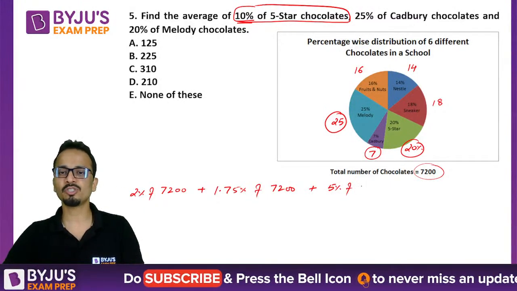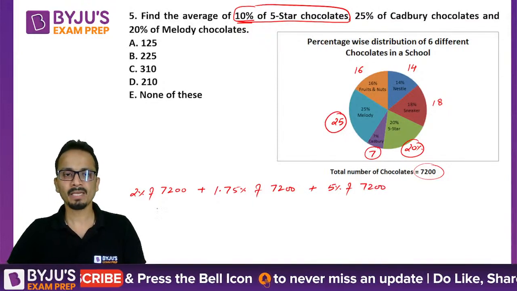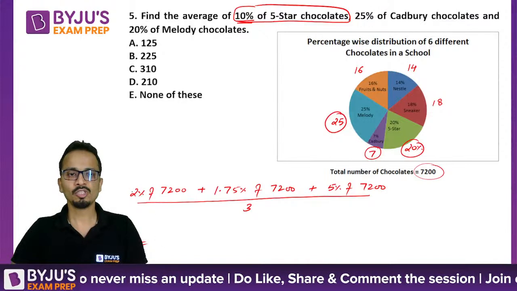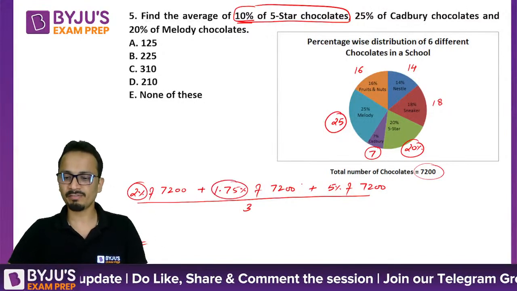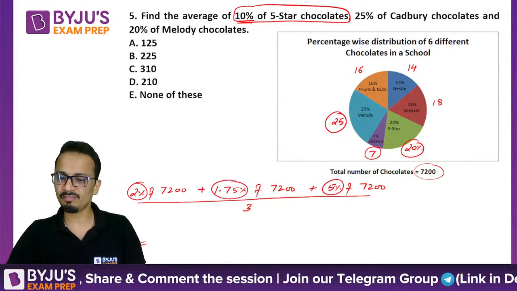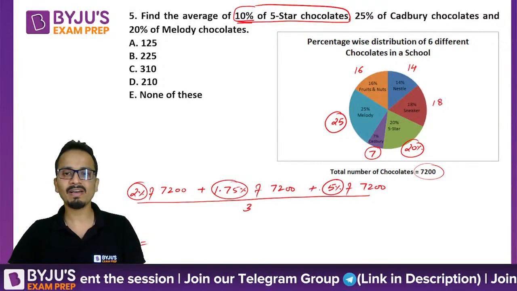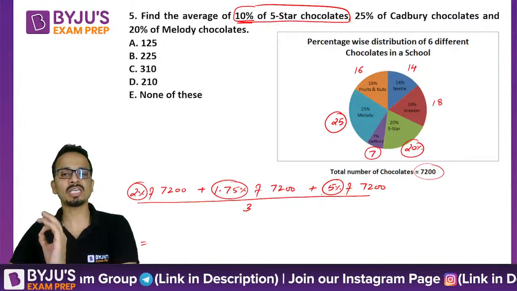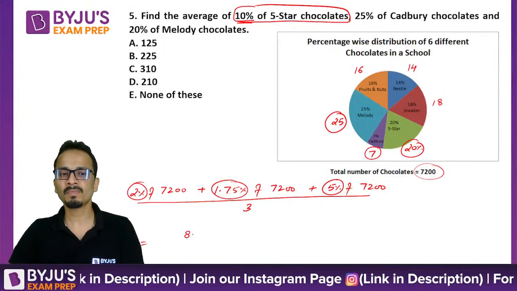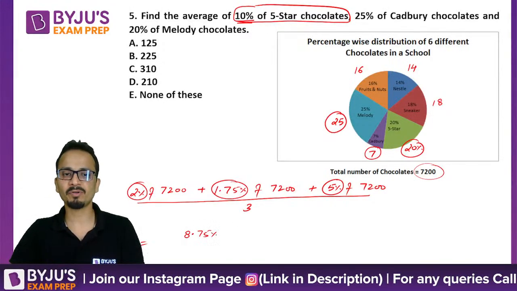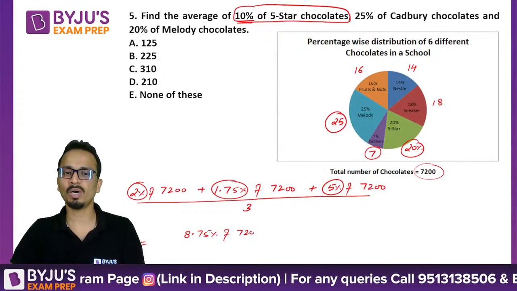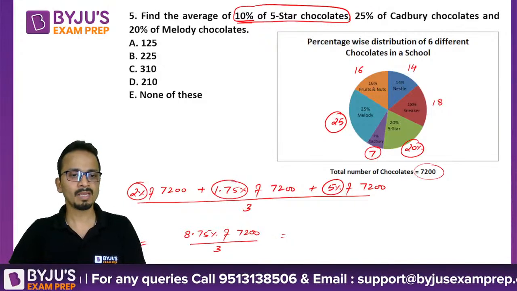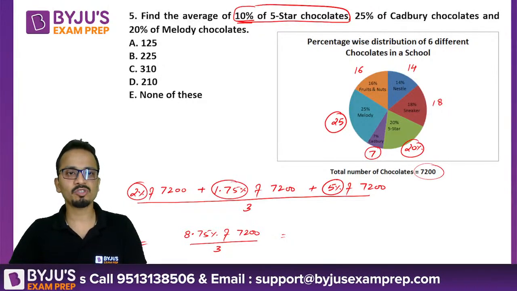So 5% of 7200. Now we have to calculate the average, so I'll divide it by 3. So 2%, 1.75% and 5%. I'll look at these three values. So 2%, 1.75% and 5%. This will be 8.75% of 7200 and this will be divided by 3. Okay. अब 8.75% calculate करना है.